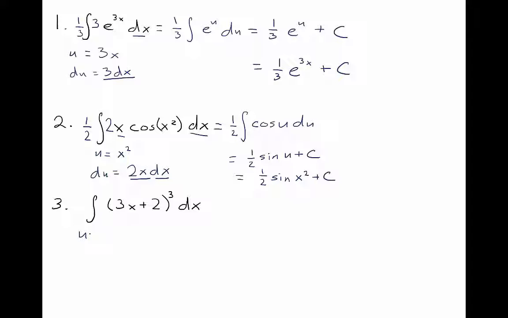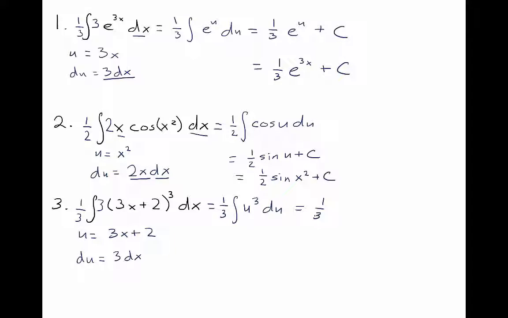So our function inside a function is 3x plus 2, and du is 3 dx. Sounds pretty easy. So we need the 3. We're going to divide by 3 outside. Let's do our substitution. 1/3, 3x plus 2 is u, so we have u cubed. 3 dx is du. Okay, this is a pretty easy one.